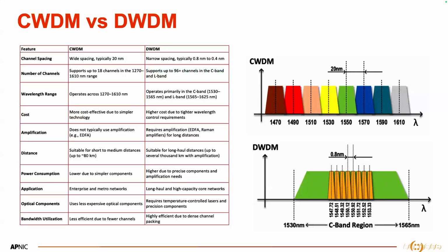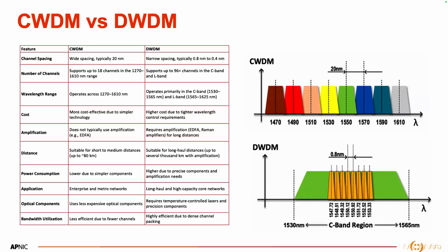For your reference, I have also put a comparison between CWDM and DWDM in this slide. You can take a look. As you can see, the wavelength range is different. The number of channels supported are different. The channel spacing is different between these two.